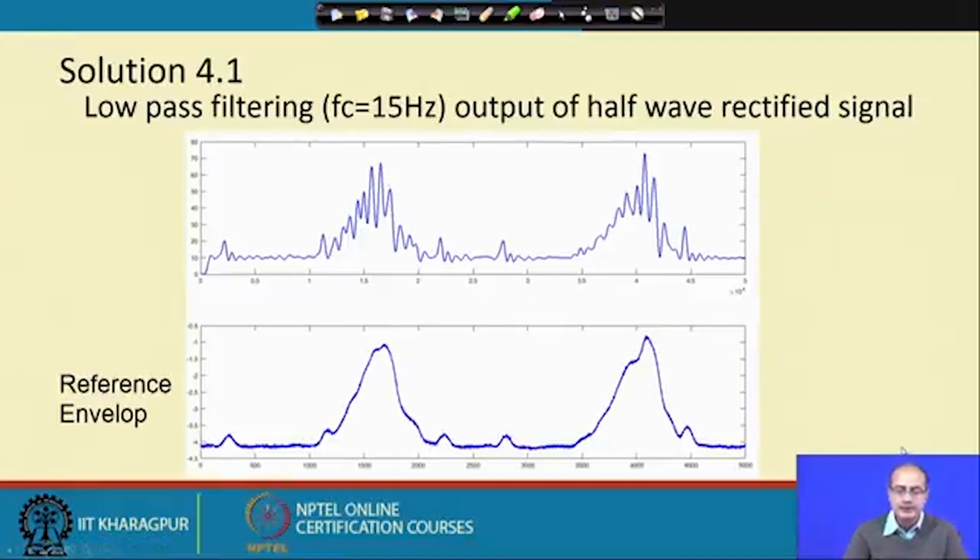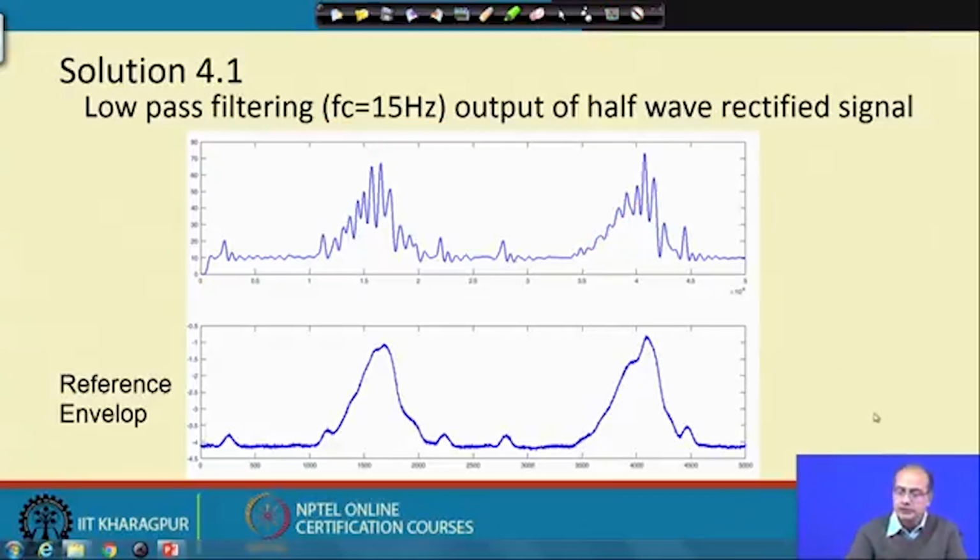Next, we increase it further to 15 hertz cutoff frequency. So, more high frequencies are allowed. The rise becomes smoother and does not have much lag, it follows the same as the reference, but the ripples are increasing.